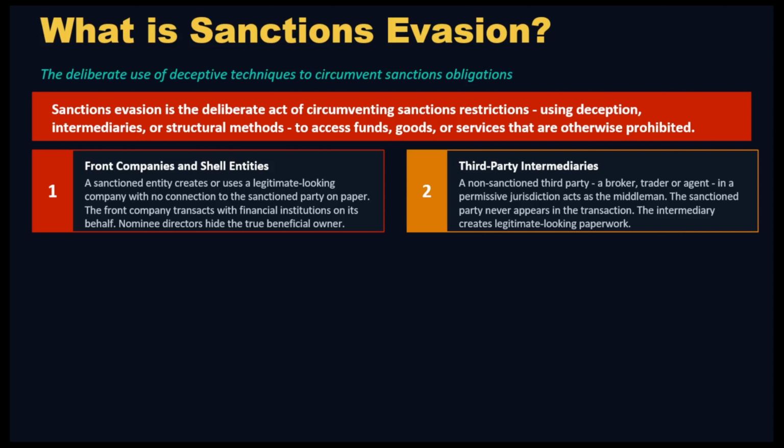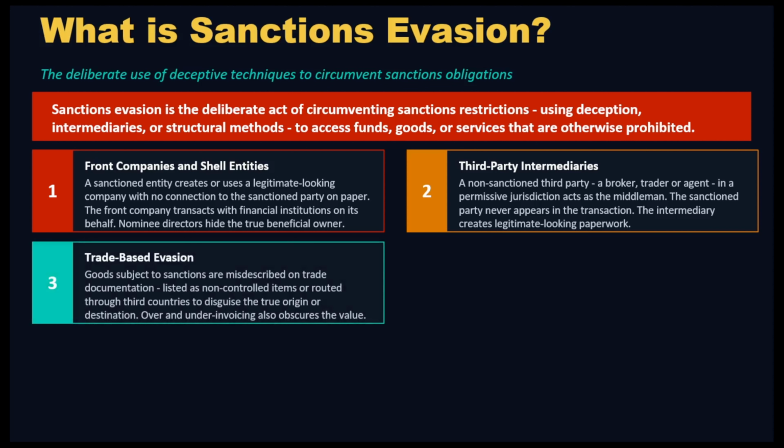So the third thing is trade-based evasion. Goods subject to sanctions are misdescribed on trade documents, listed as non-controlled items, which means goods that are not on any export control or sanctions list, or ordinary commercial products that anyone can buy and sell freely without a license or permission.